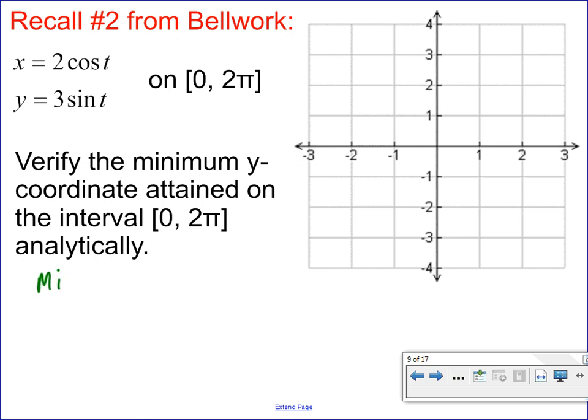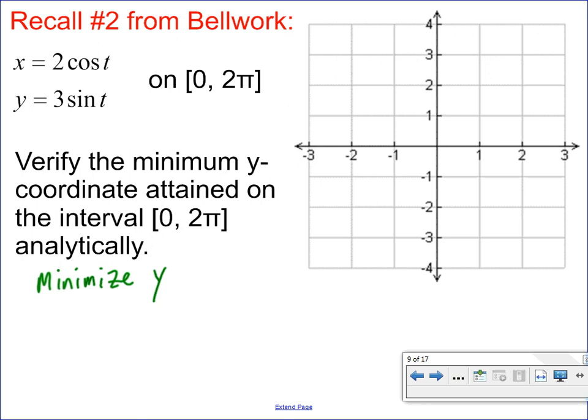So if I want to minimize y, I'm going to do the first derivative of y. That would be dy dt in this case, because now we're dealing with a parametric curve. I'll get my critical values of y and then put them on a y prime number line. Or with the closed interval method on 0 to 2 pi, I could also do an xy chart.